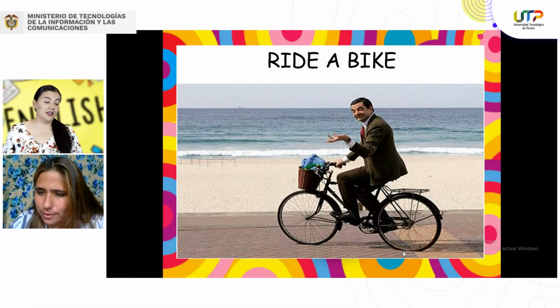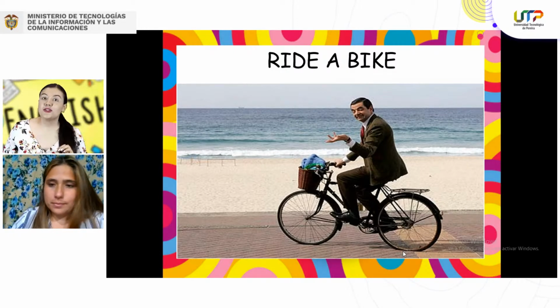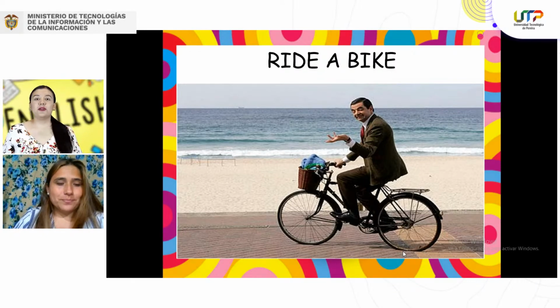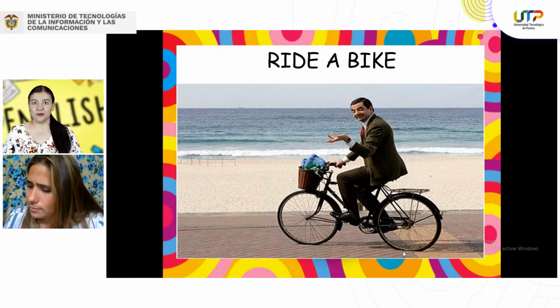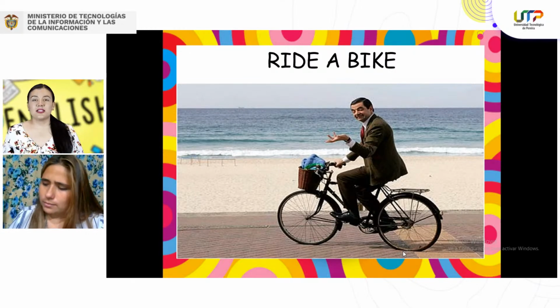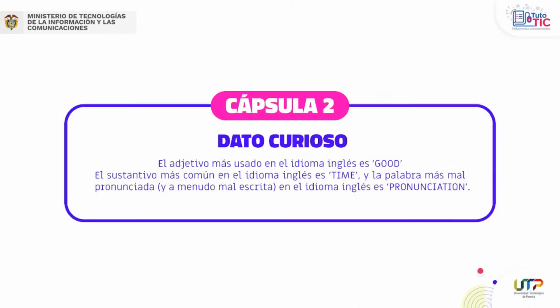Mr. Bean usually rides his bike, ¿ya? Very good, Mario. Miren que Mario incluso incluyó un adverb of frequency, que es algo que vamos a ver más a profundidad en unos minutos, ¿sí? Vamos a ver entonces nuestra segunda cápsula de esta masterclass. Atentos a estos datos curiosos.